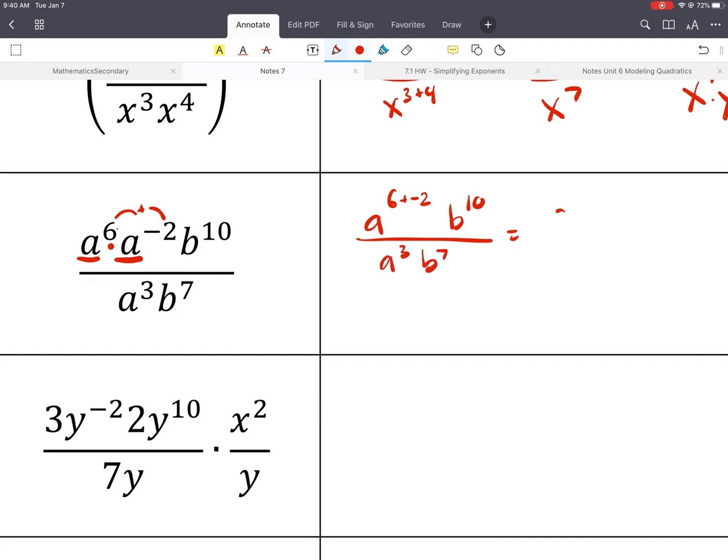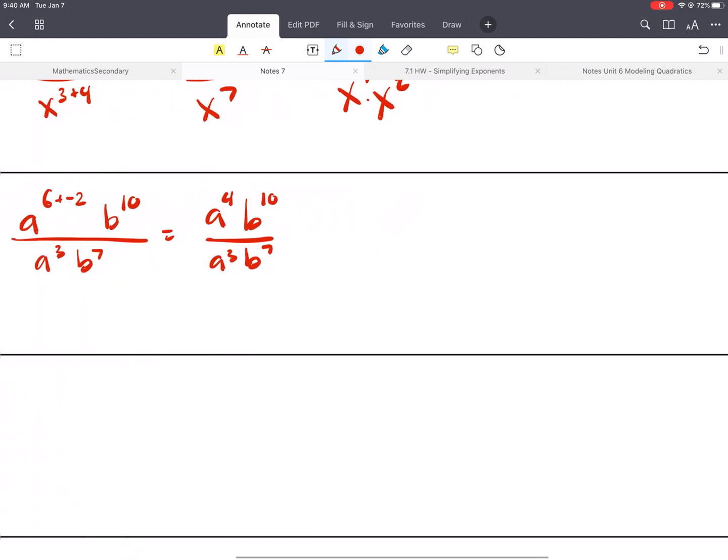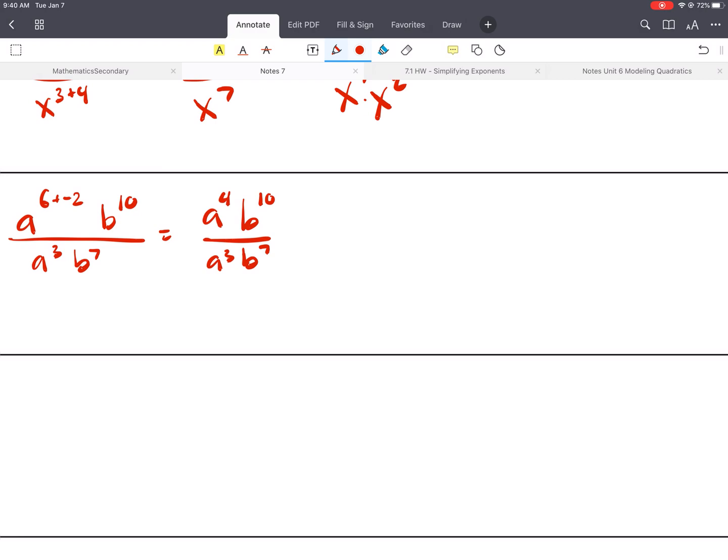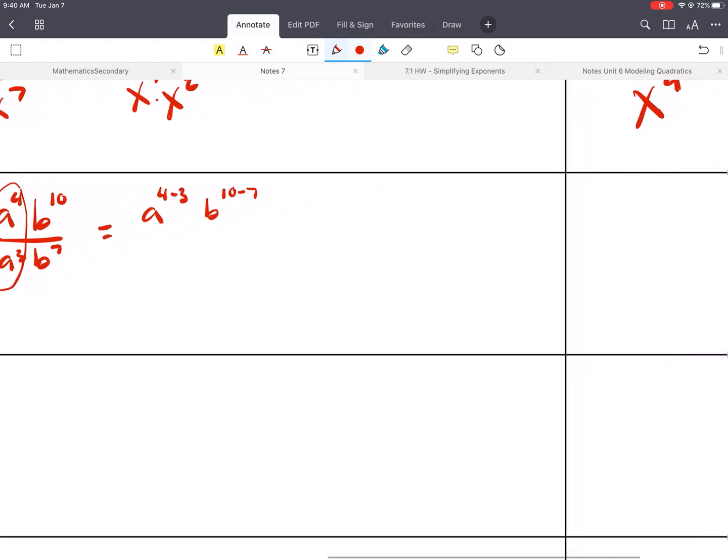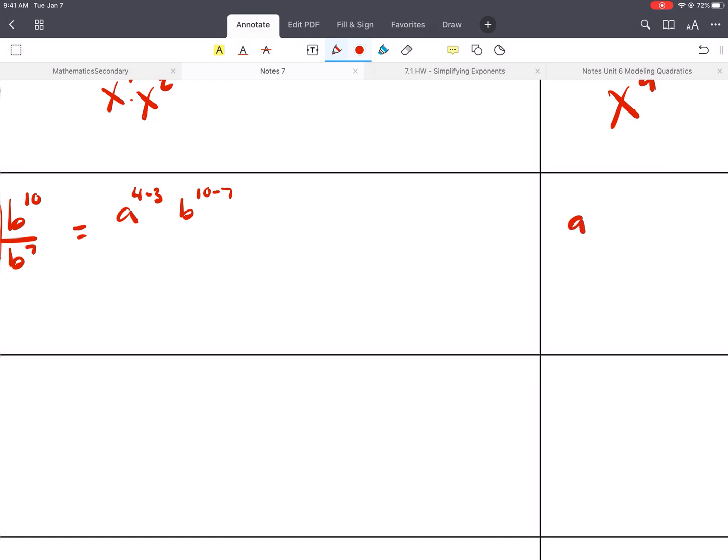So that gives us a to the 4th, b to the 10th, over a to the 3rd times b to the 7th. And then we know if we're dividing, then we subtract their exponents. So that would be a to the 4 minus 3, because they have the same base. And then we'd have b to the 10 minus 7. And that ends up giving us a to the 1, which is just a, and then b to the 3rd.